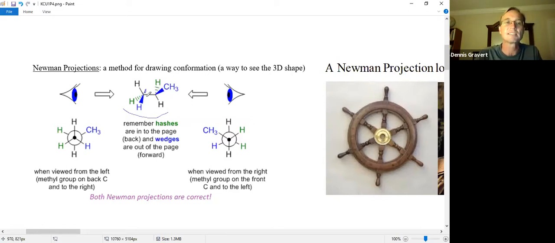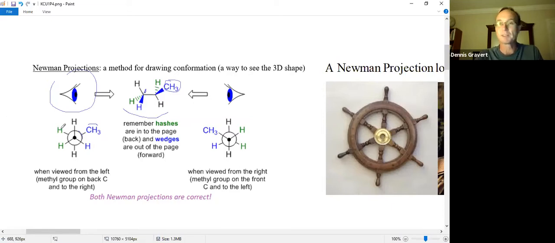It's in the distance, represented by this circle. And from this eyeball, as you look at this methyl group, it is going to be on the right-hand side from the point of view of the eyeball. So that's where the methyl group shows up on the right, attached to this circle. And this hydrogen over here is on the left-hand side.